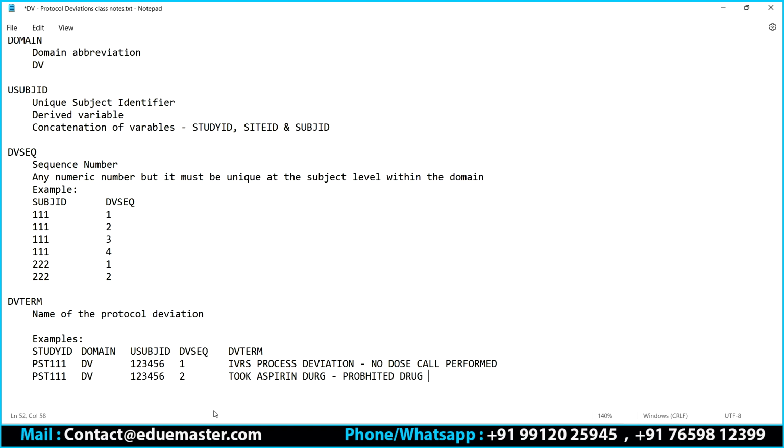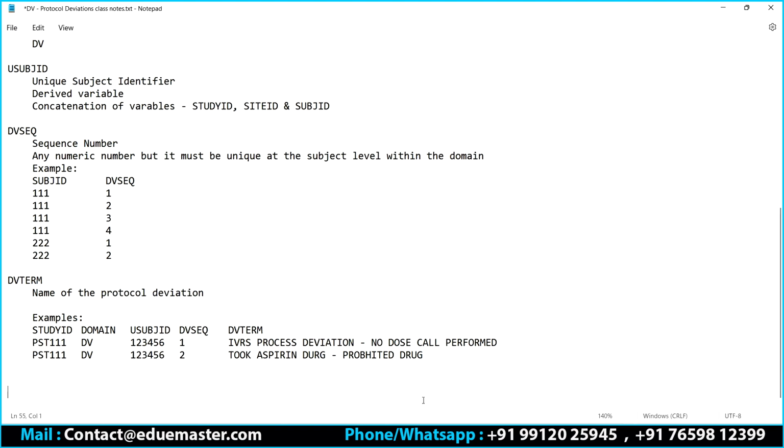It is a prohibited drug, but you have taken it, which you are not supposed to take, right? There is a deviation. There is going to be a dose call. How much is the dosage? But you haven't mentioned it. So these are the two deviations that happened to this particular subject, and we are capturing them here. Am I clear? That is what your DV term is.